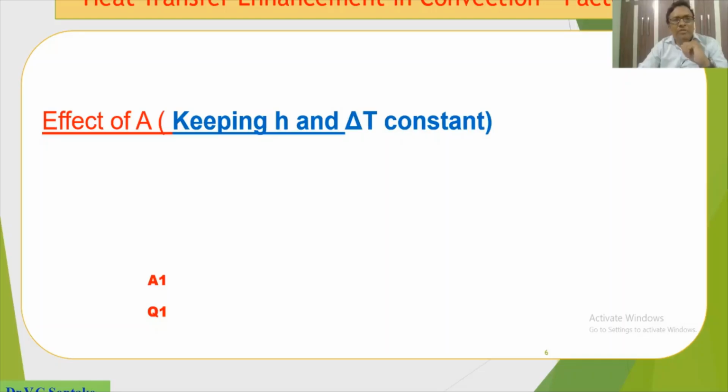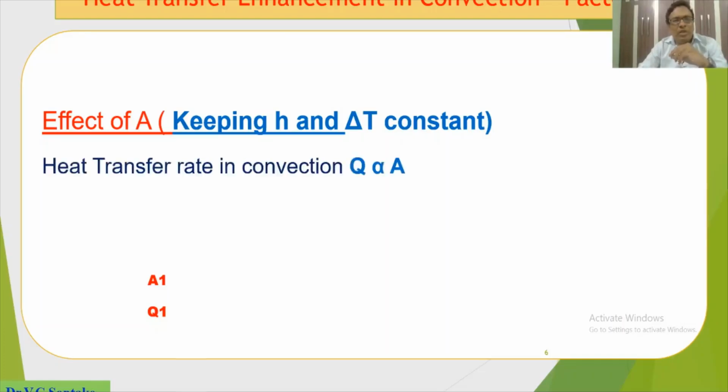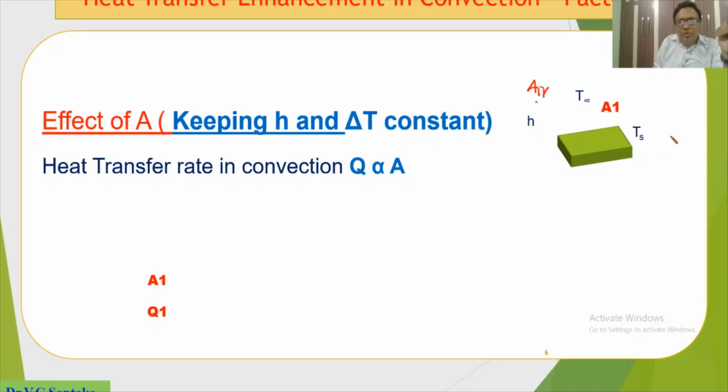Then, the effect of surface area keeping h and delta T constant. From Newton's law of cooling, the rate of heat transfer in convection Q is directly proportional to the surface area. That means the more the area, the more the heat transfer rate. So let us consider a plate having surface area A1 exposed to air, for the sake of convenience, as a fluid, and the convective heat transfer coefficient is h.